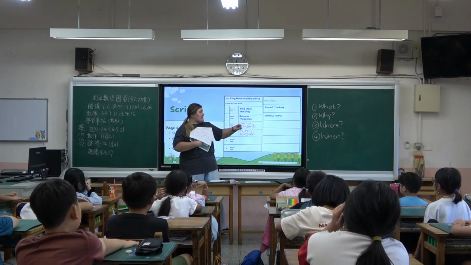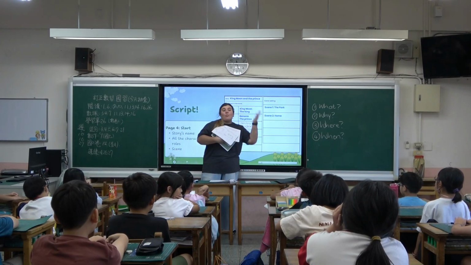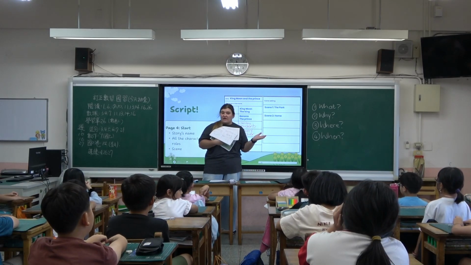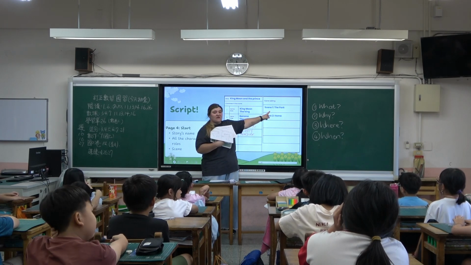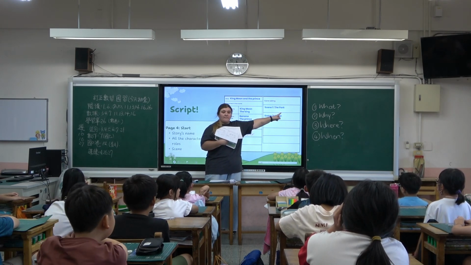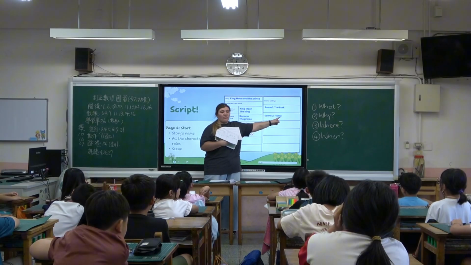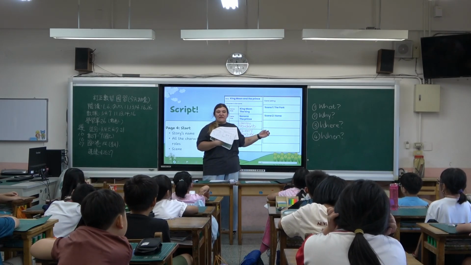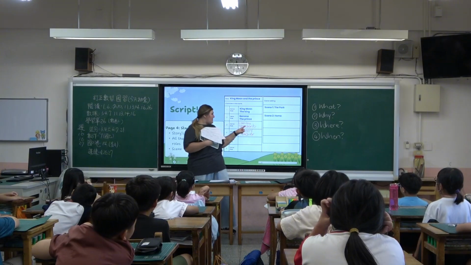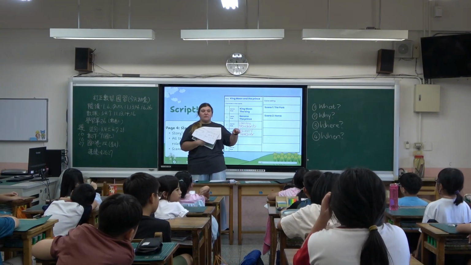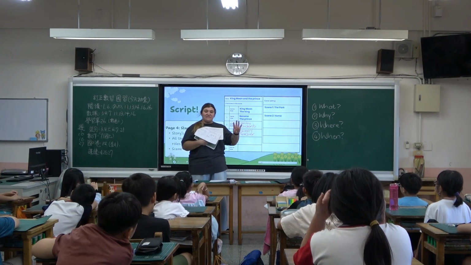Okay. And then here you have to tell me where is scene 1. Scene 1, the park. Scene 2, home. Scene 3, I don't know. Where is Lambo? Class. Classroom. Where is scene 4?